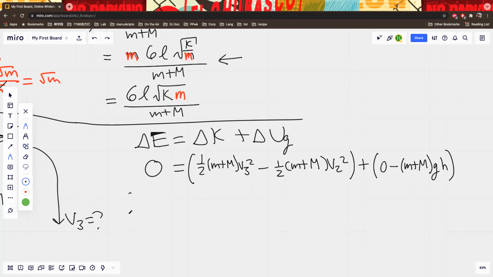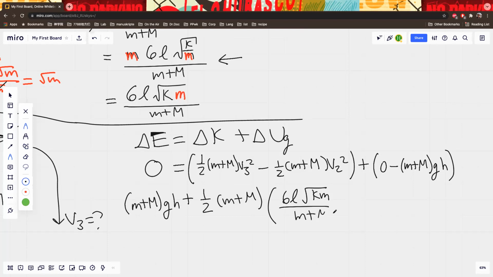So we want to put this gravitational stuff on this side, plus half of m plus capital M times v2 squared, which will be 6L square root of km over m plus capital M, all squared.